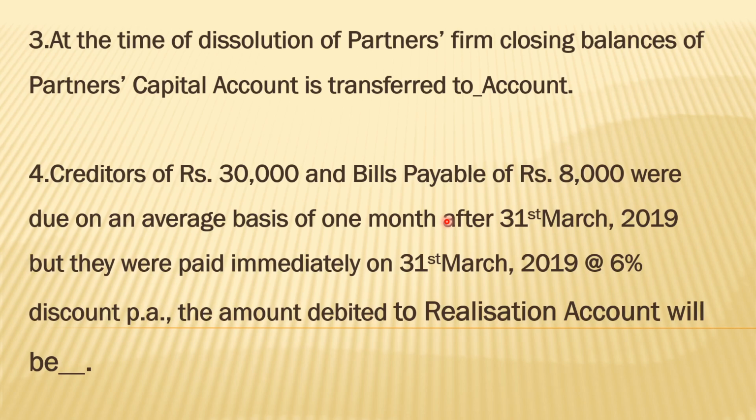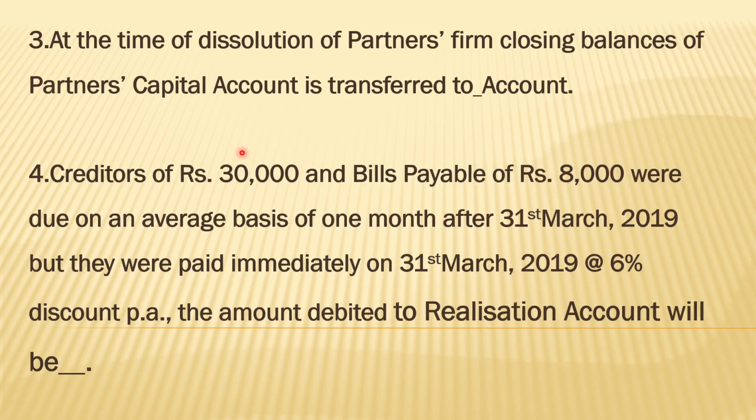Just after this video, we are going to consider one numerical problem. At that time, this type of adjustment will be there, and this adjustment is quite important. The main meaning of this point is that we have two liabilities, one related to creditors, another related to bills payable.